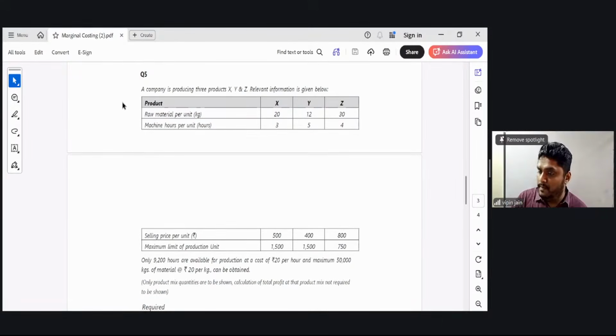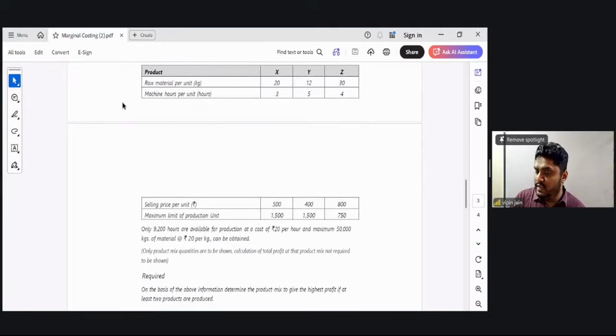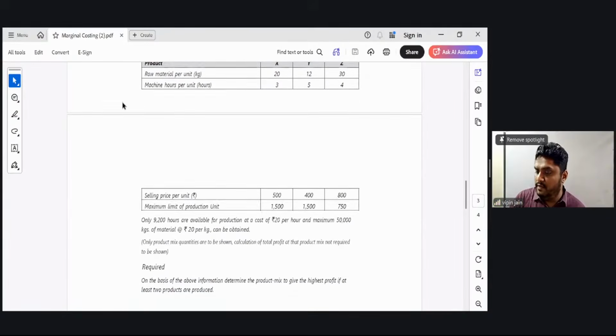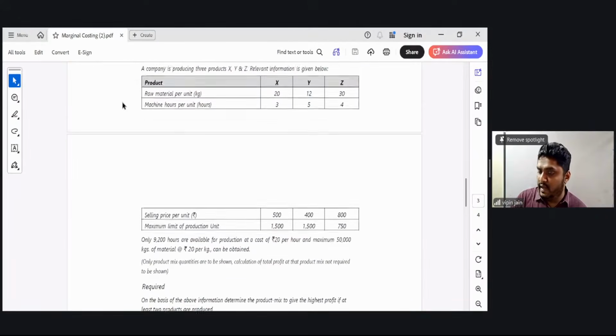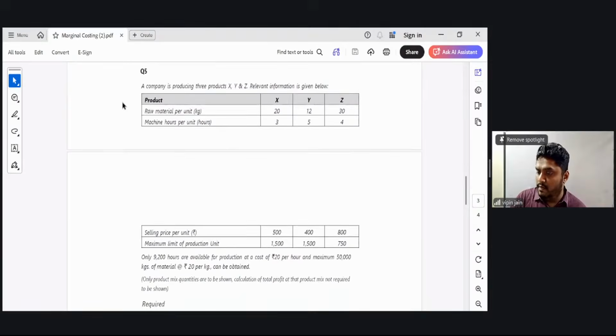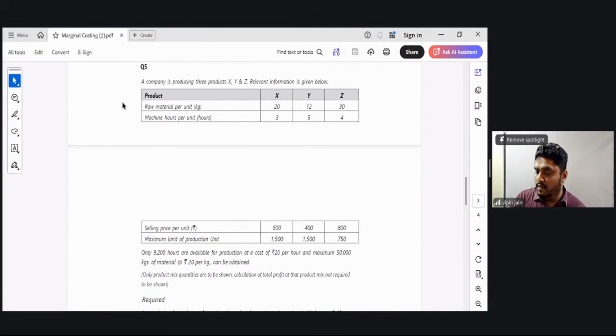This is the second page and this is the first part. I request you guys to take the screenshot of question number 5. The question is not there in the material I have provided, and it's not there in RTP or MTP. So let's start with this question number 5.